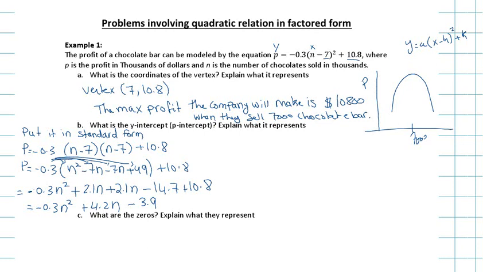I think they are losing. So that means they're losing $3,900 if they sell 0 chocolate bars, which makes sense because they're producing it, but they're selling nothing, so their cost is basically 3,900. Because they're not selling, they're not making any profits.